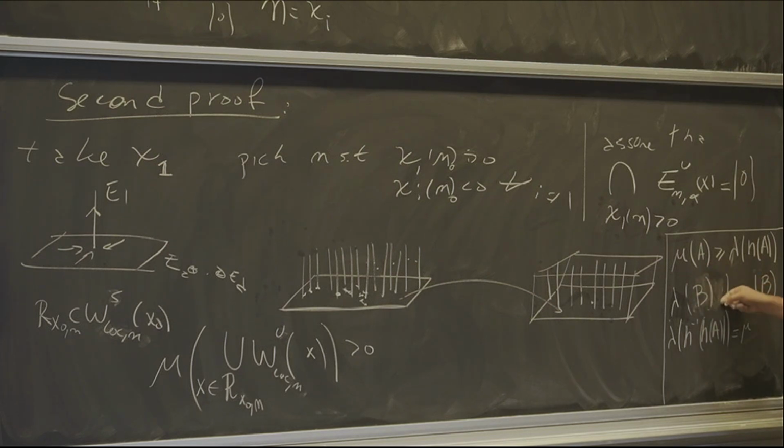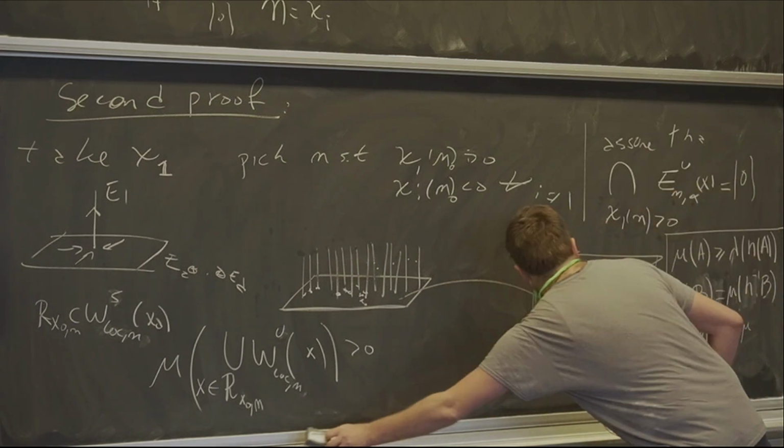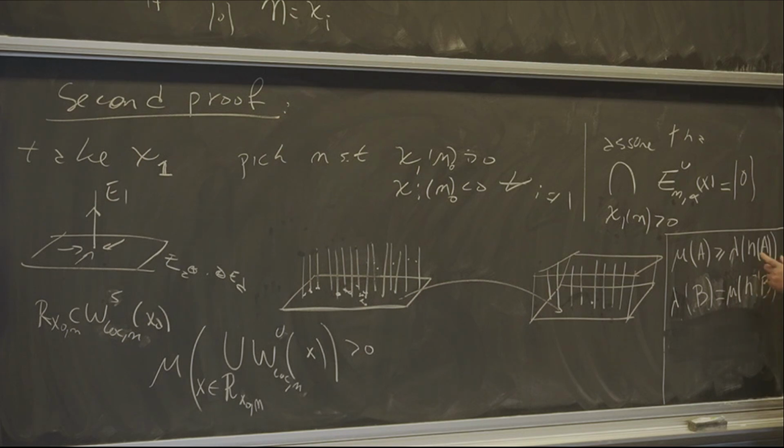My bad. This is actually correct from the fact that I push mu down and I get lambda. Then when I apply to b equals to the set h of a, I get that lambda of h of a is equal to mu of h inverse of h a, and now I get the inequality the other way. Okay. But so this is larger than mu of A because A is contained in h inverse of h of A by definition. I'm right, no? Yes. So every point here I project it, I take the preimage and belongs to here. So that's the inequality.